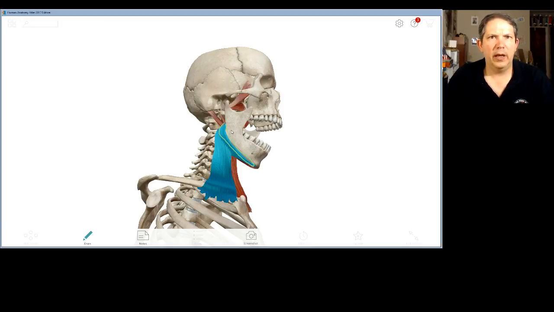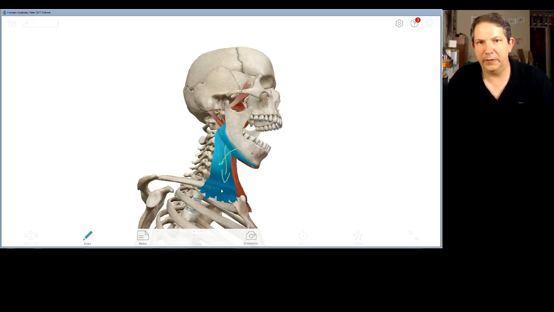Now, how do I know? I said usually the insertion is distal and the origin's proximal, and here it seems the other way around. Well, sometimes it's the other way around. The insertion is the part that's got the movement towards the origin, and occasionally we will have muscles where this is a little more confusing, but the jaw is moving.